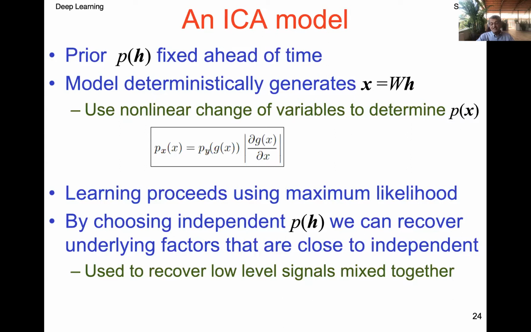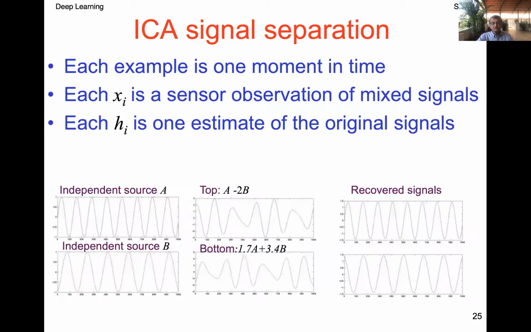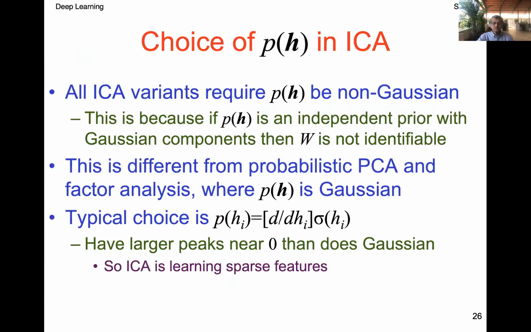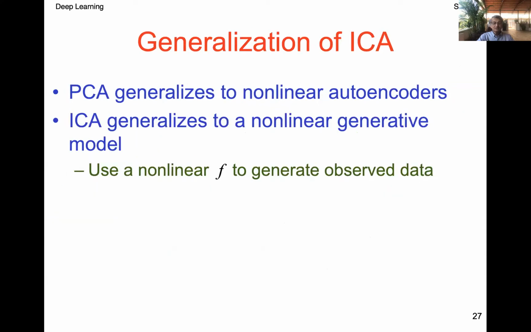So the same equation can be used for this problem of independent component analysis. Some examples are shown here about signals and recovered signals and choice of p_h to be non-Gaussian. Anyway, this applies to those who might be specifically working on a problem like independent component analysis.